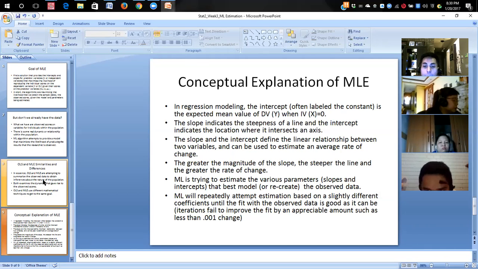It will tell you that the iterations, such as your step 1, step 2, step 3, step 4 of regressions, will stop when the change of the next iteration is no longer greater than 0.001, because that's the algorithm of the maximum likelihood estimation.